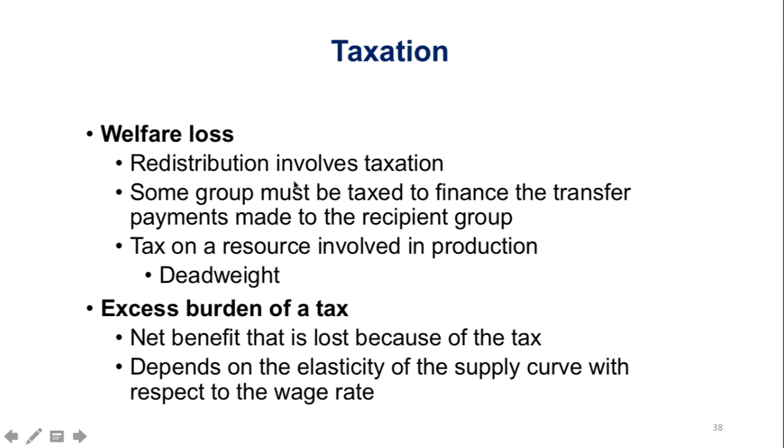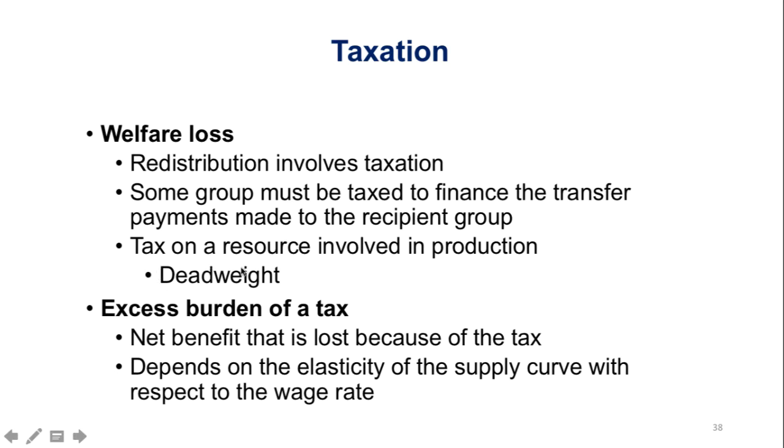Remember, any change in the market creates a welfare loss by changing the price and quantity. Redistribution involves taxation. Some people must be taxed to finance other people, and a tax on a resource involves a production deadweight loss.